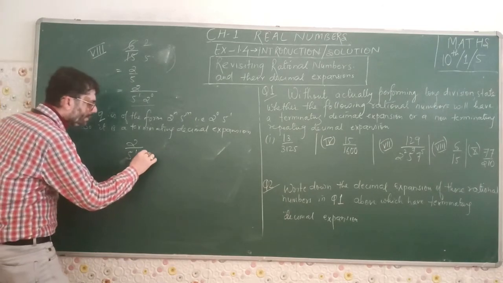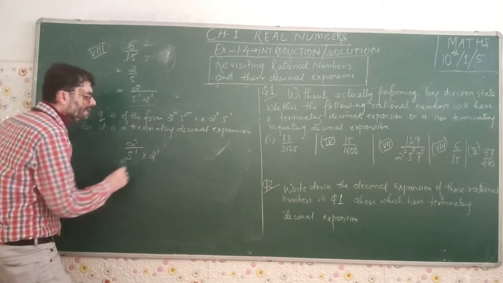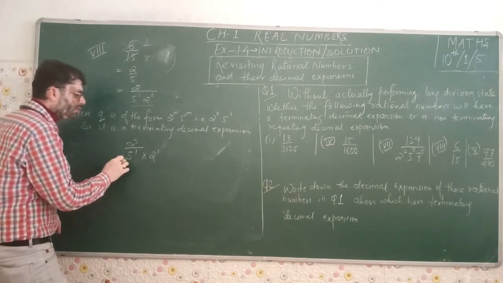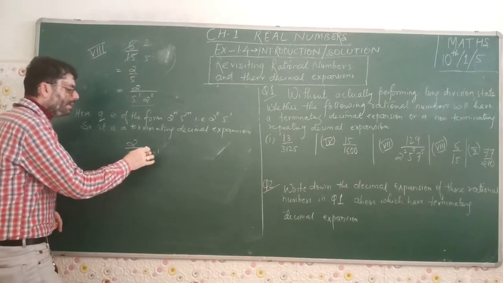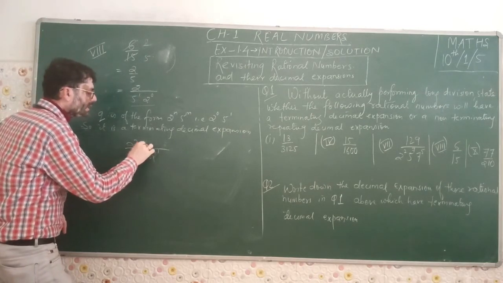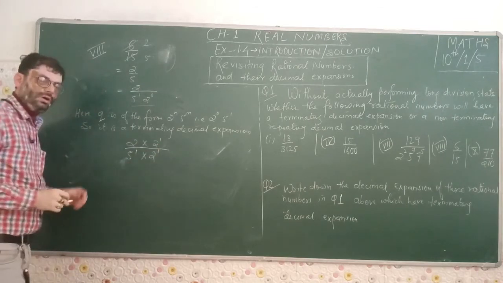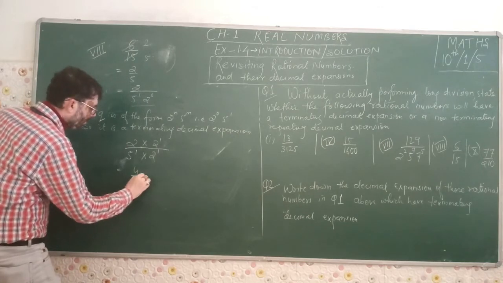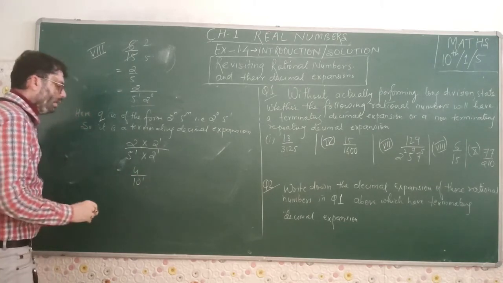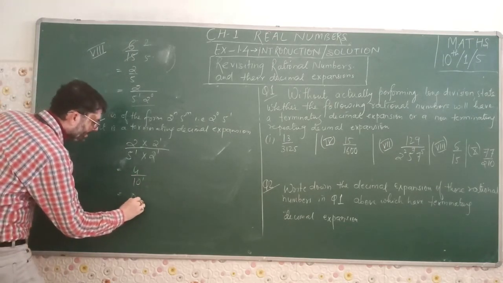So we need to multiply 2 with the power 1 in the denominator to get the form of 2 to the power n, 5 to the power m with the same power. So we will have to multiply it in the numerator also. So this becomes 4 upon 10 to the power 1, and this is equal to 0.4.